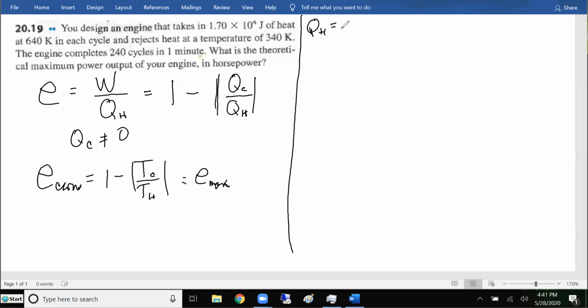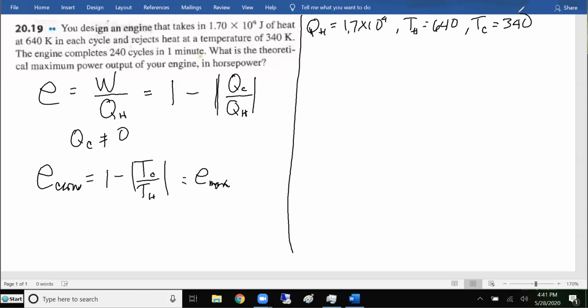QH is 1.7 times 10 to the 4. The hot temperature is 640, and the cold is the temperature at which the heat is discarded.